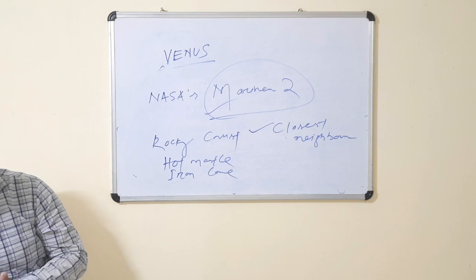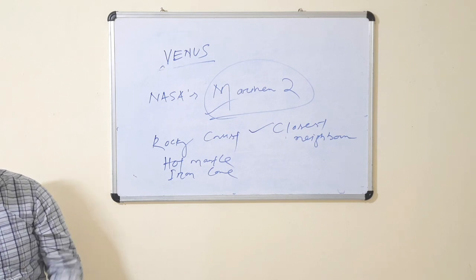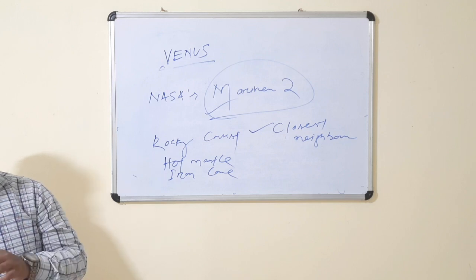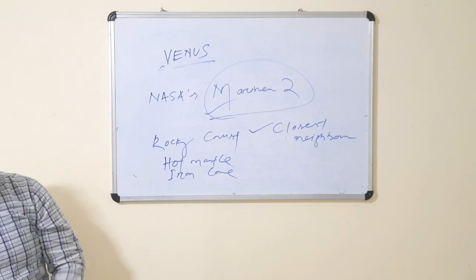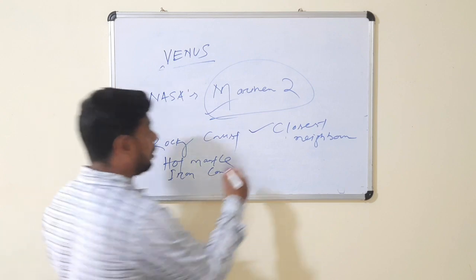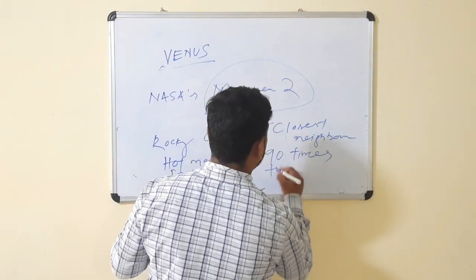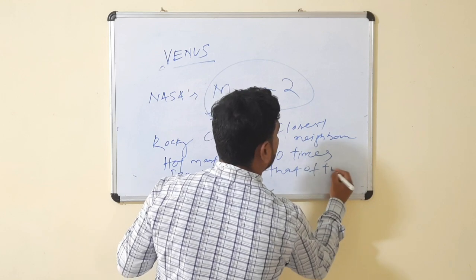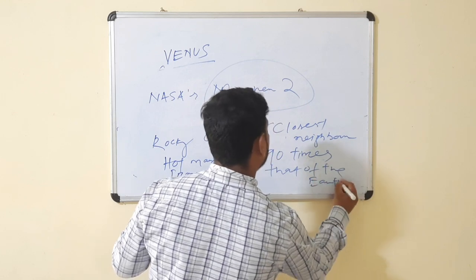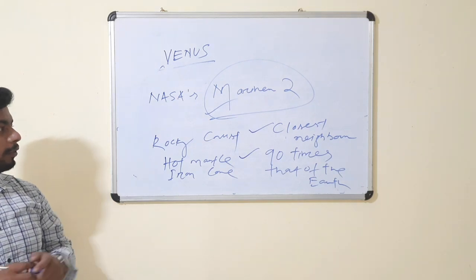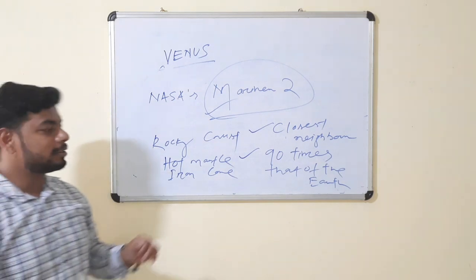It is one of the very important planets. It also has very high atmospheric pressure, more than 90 times that of the Earth. So related to Mercury and Venus, I think it is clear.